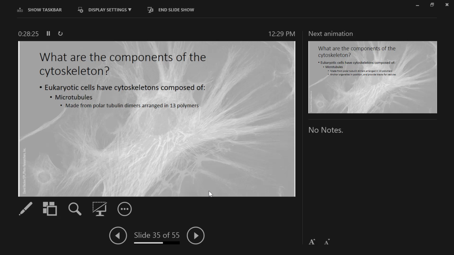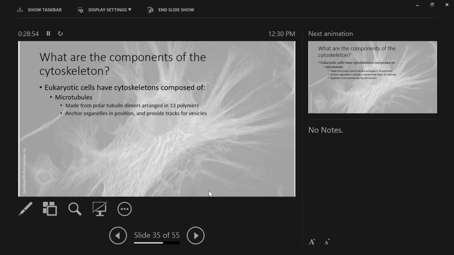And so arranged in 13 polymers, you have 13 long chains of tubulin that all are attached together to form these microtubules. So some of their functions, they anchor organelles in place. So what keeps the mitochondria where they're supposed to be and what keeps the endoplasmic reticulum where it's supposed to be. And these also provide the roads for these vesicles to move along.